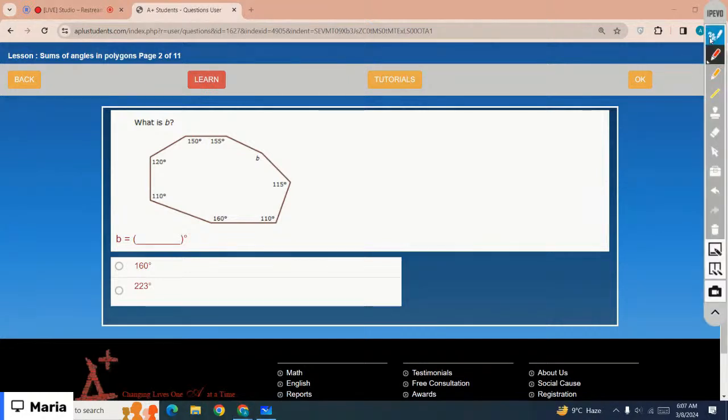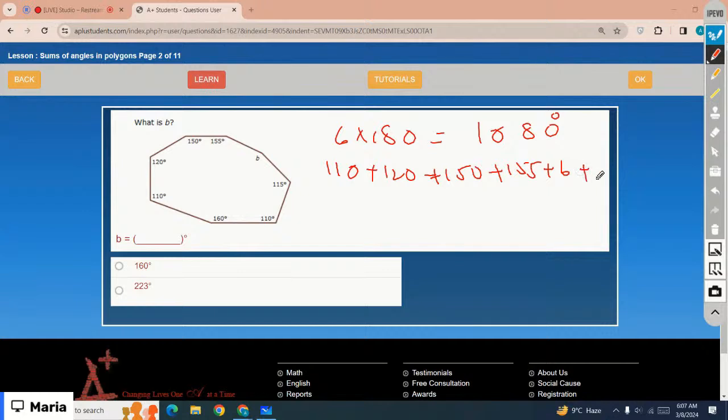So just do 6 times 180, 1080 degrees, right? Now add them all: 110 plus 120 plus 150 plus 155 plus B plus 115 plus 110 plus 160, and their sum equals 1080 degrees, right? So just add and subtract and find B.